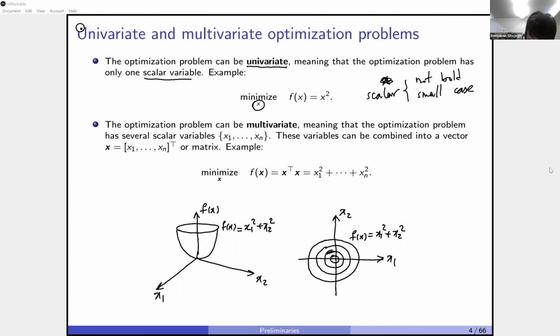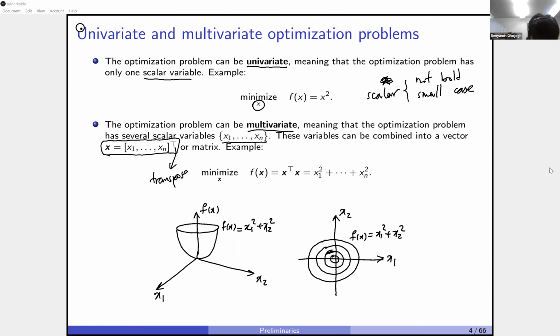And the optimization problem can be multivariate. What does it mean? It means the variable has several dimensions. So for example, we have n of them, n dimensions, and we can put them together to make it a vector. This is transpose.